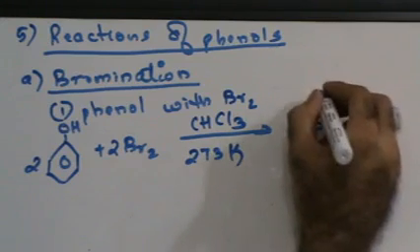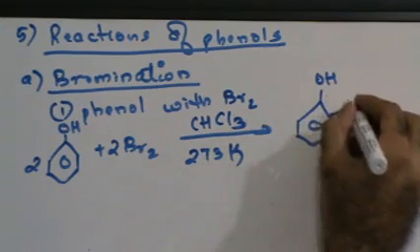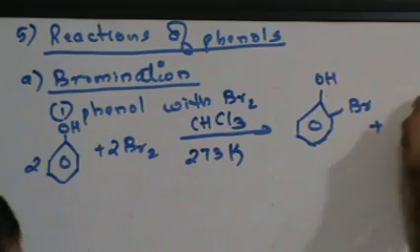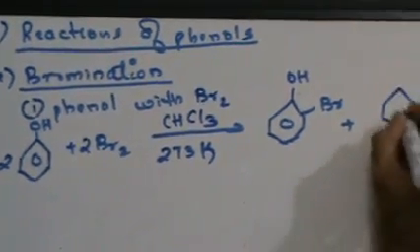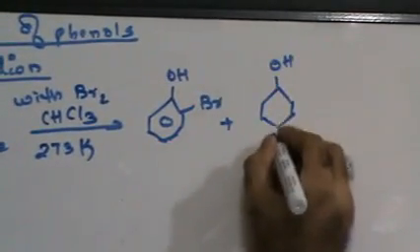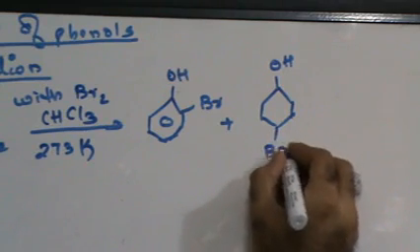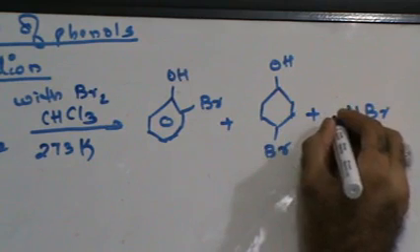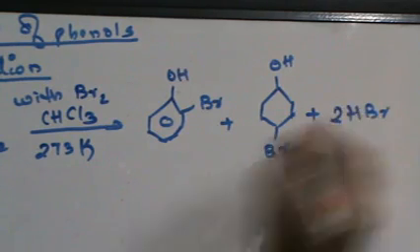One phenol will combine with bromine to give you orthobromophenol. Another phenol will combine with bromine to give you parabromophenol, and you will get hydrogen bromide, 2HBr.